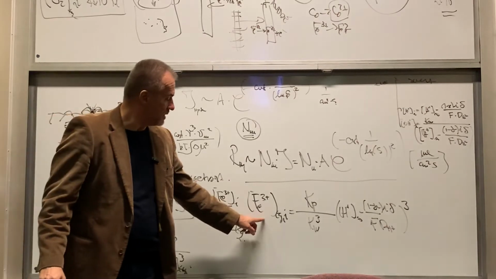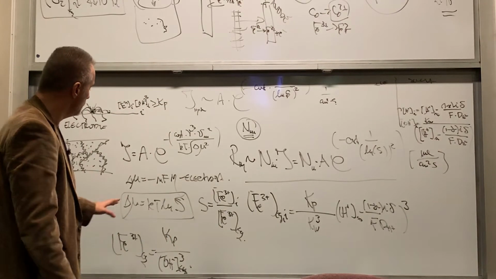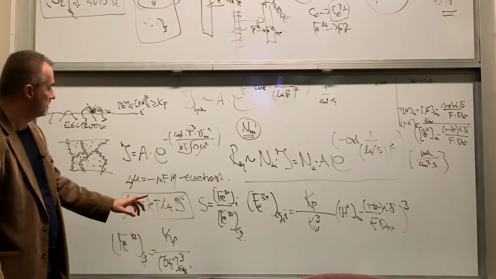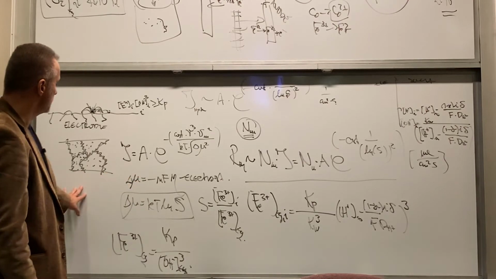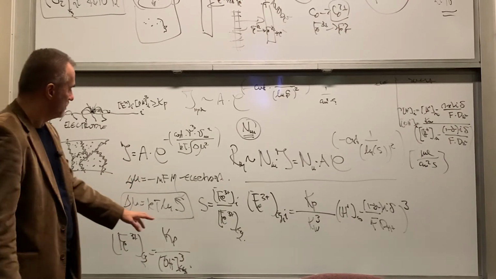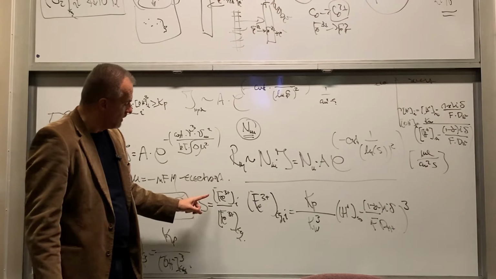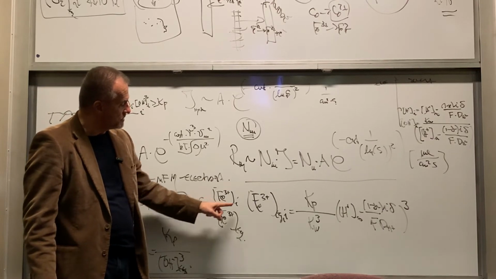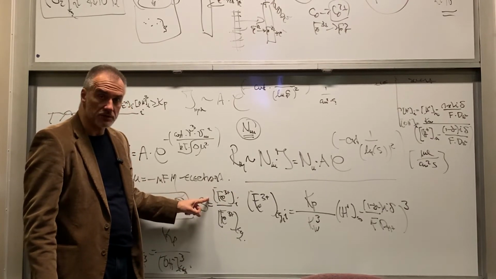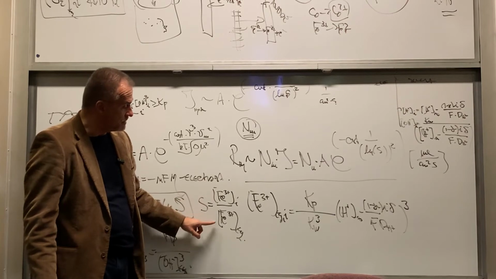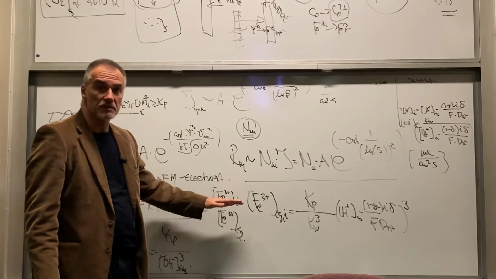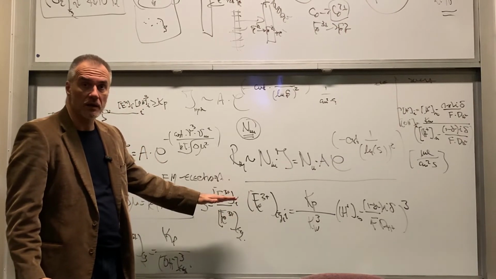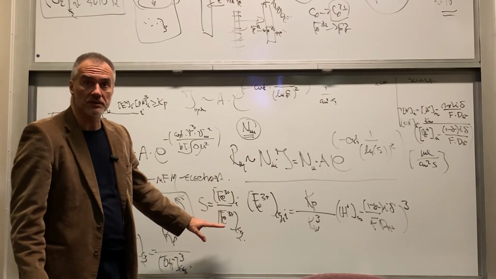So that term here, when you look at the definition of this S, which I wrote somewhere, I told you S is this, which is the concentration at the interface, and this is the equilibrium, which is the maximum allowed before I see any precipitation.